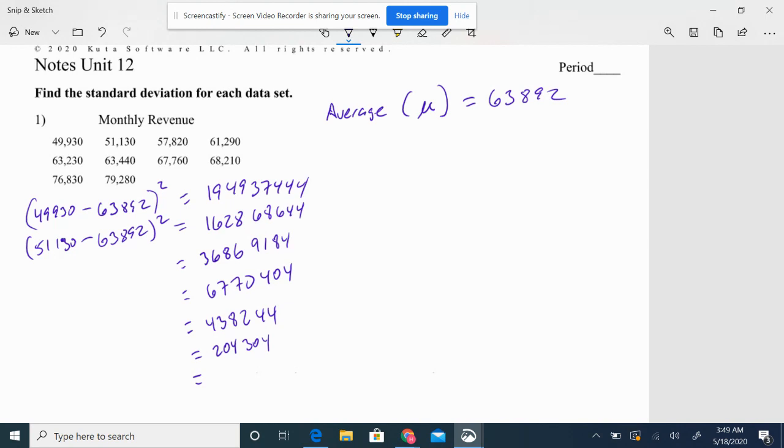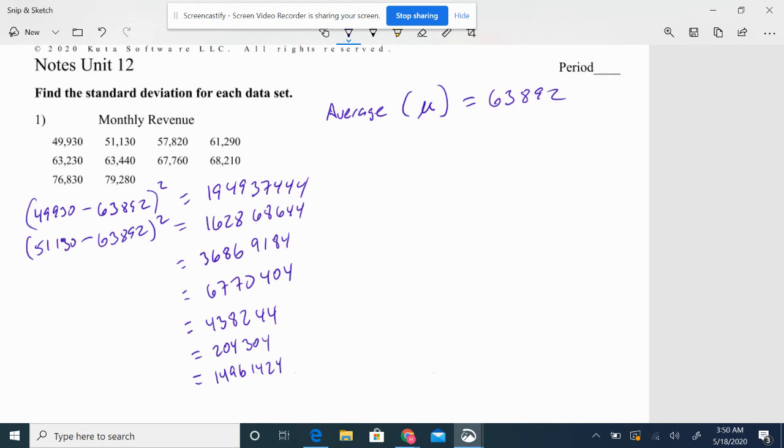Do it again with the 67,760 minus the average. That gives me 3,868. Let me square that. That gives me 1496 1424.